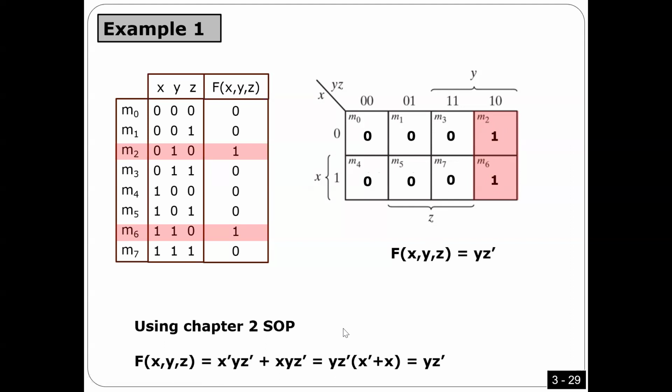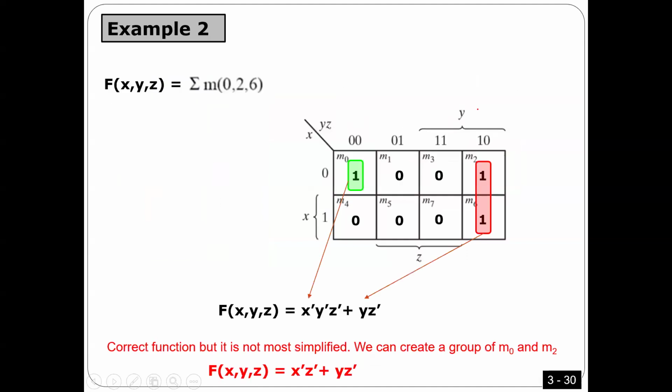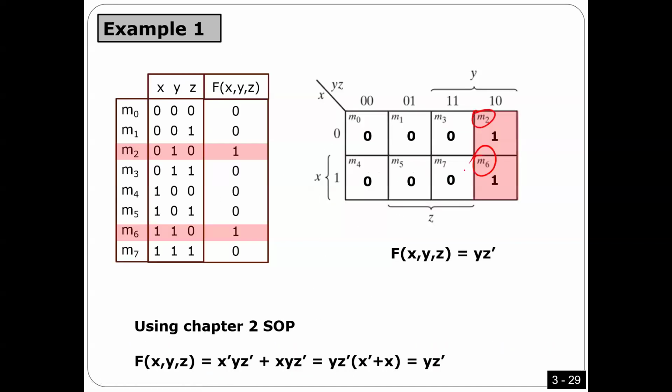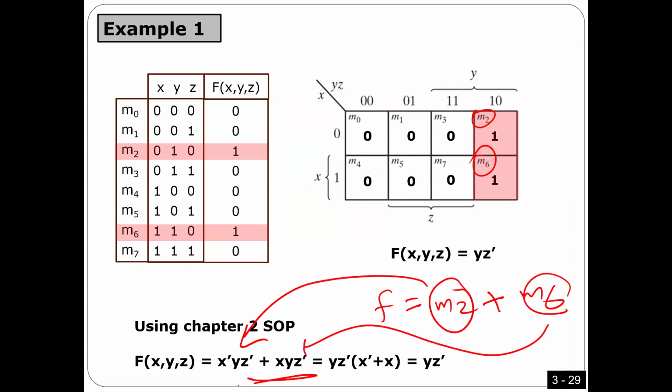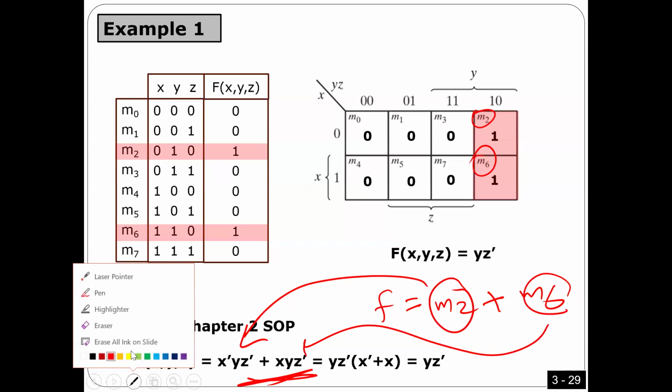So here actually, I have two minterms, M2 and M6. As I explained in chapter 2, I can define this function. This function should be equal to M2 or M6, the two minterms, using SOP, sum of product, okay? For sure, this is not the most simplified one.